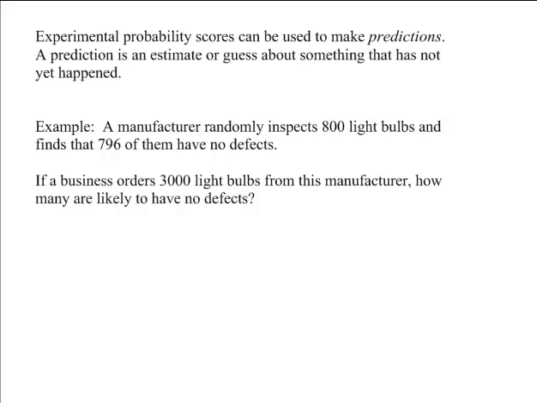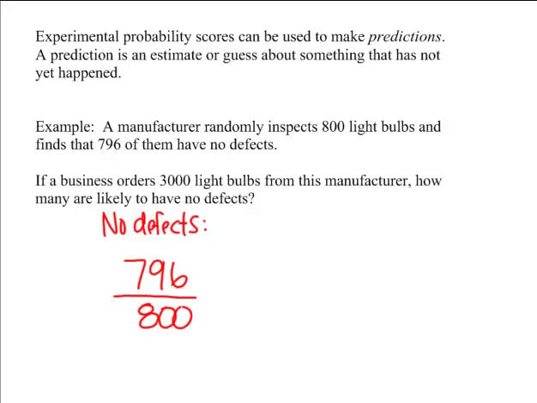So the probability of having no defects is the number in our experiment, 796, divided by the total number of light bulbs I looked at. So now, if a business wants to order 3,000 light bulbs from this manufacturer, how many of those are likely to have no defects? So what we're doing here is coming up with a proportion.